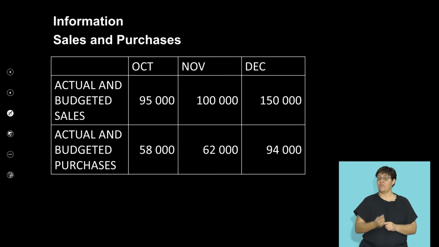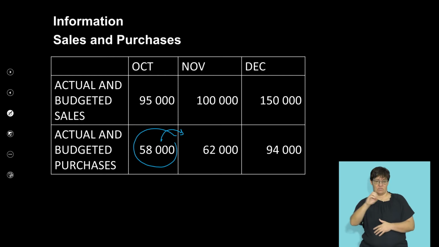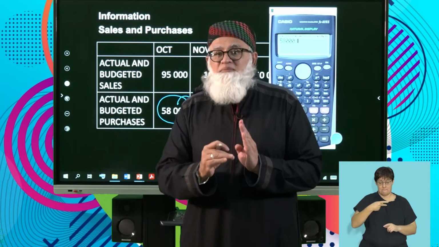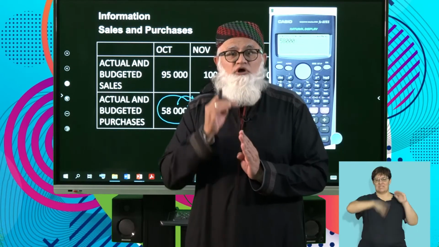So if we take the first figure here and we say our creditors are paid within 30 days, if you bought in October, you're going to pay in November. So we start off with our 58,000, which is our credit purchases, times... Now, remember the question said that you are entitled to a 10% settlement discount for early payment.